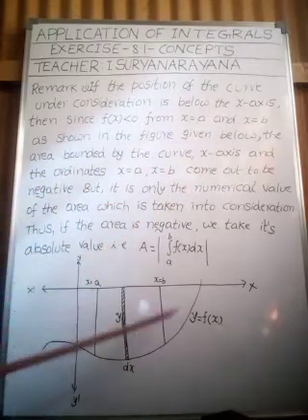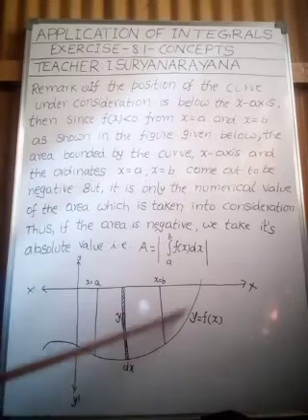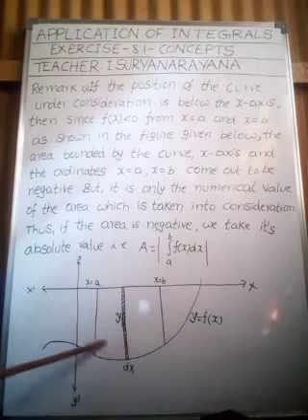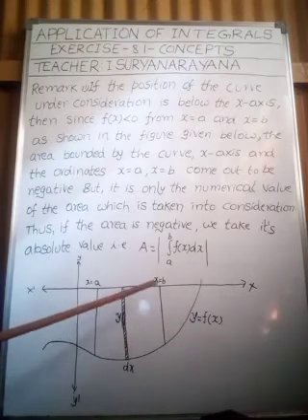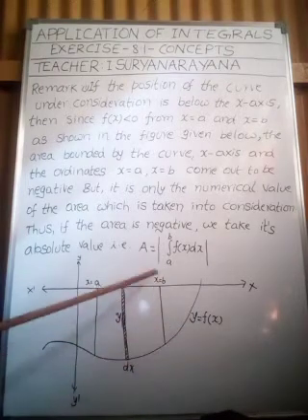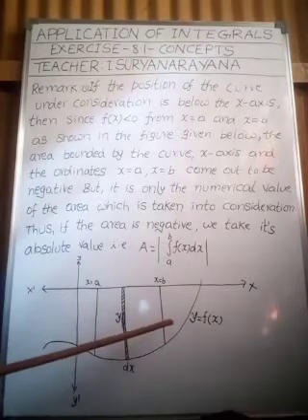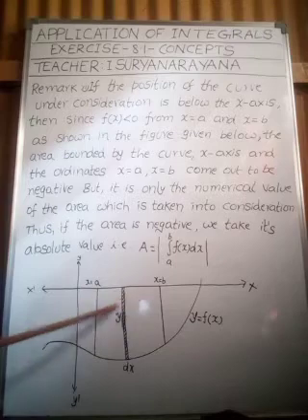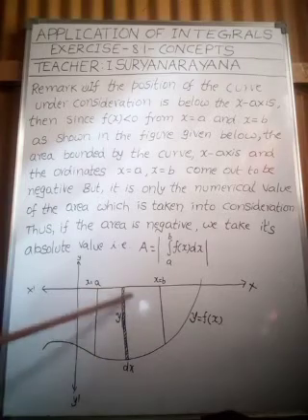Observe this figure, my children. This is a graph of y is equal to f of x. If you observe this curve, it is below the x-axis. This is a region bounded by the curve. This region is below the x-axis.